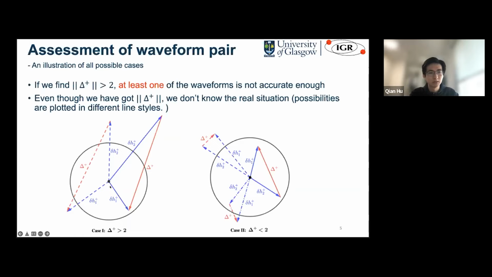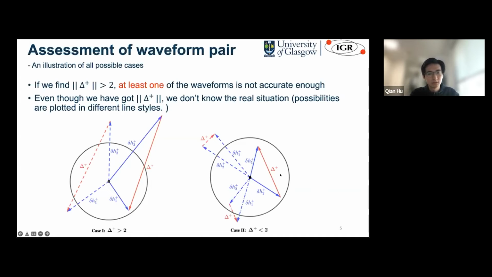If it is within the circle, it is accurate enough. Now the waveform difference, the red vector, is longer than 2, longer than the diameter of the black circle, so we cannot put it inside the circle. There must be one or both ends of the red vector outside the black circle. So maybe only one waveform is not accurate enough, as the solid line shows. Maybe both of them are inaccurate, like the dashed line shows.